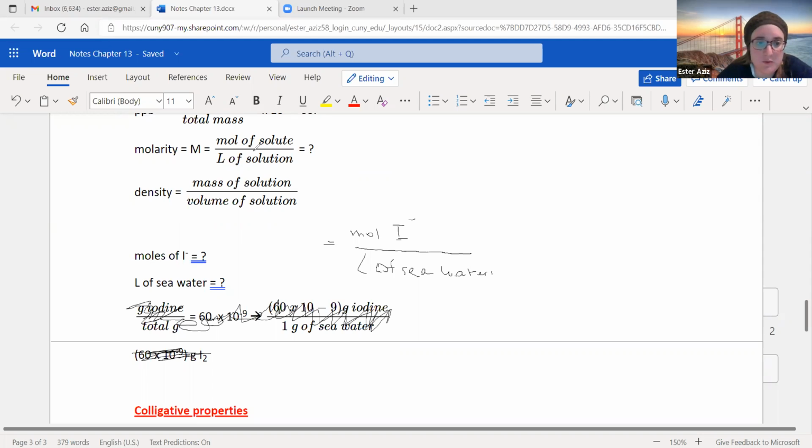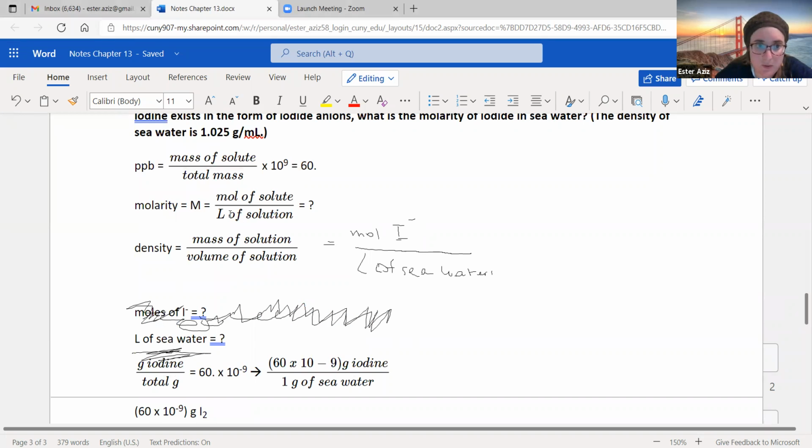We are left that we need to find the moles of I minus. Let's start by that. So how do we find the moles of I minus? Well, we know the parts per billion. And if we assume an arbitrary mass that we have, we can solve for the mass of solute.